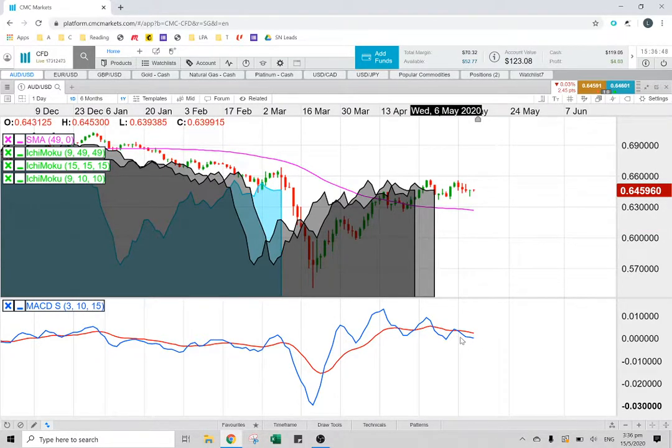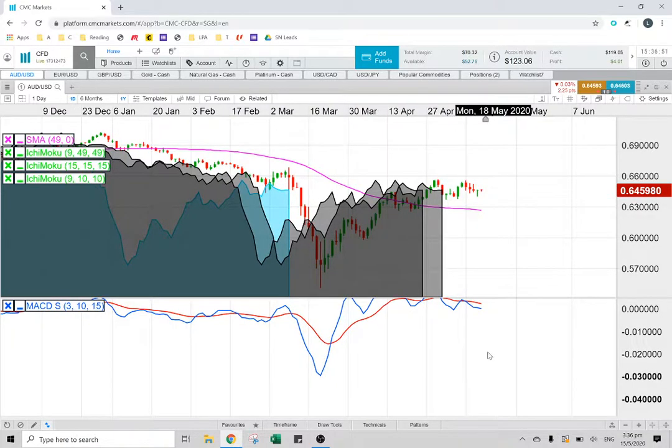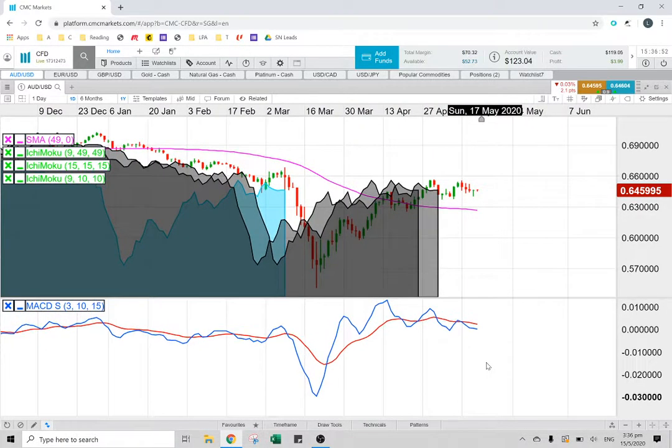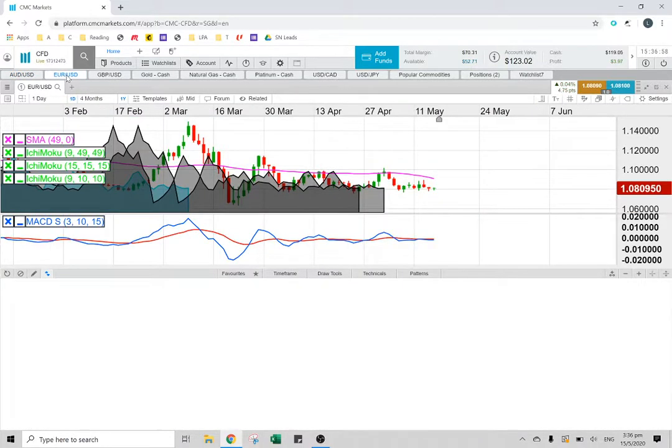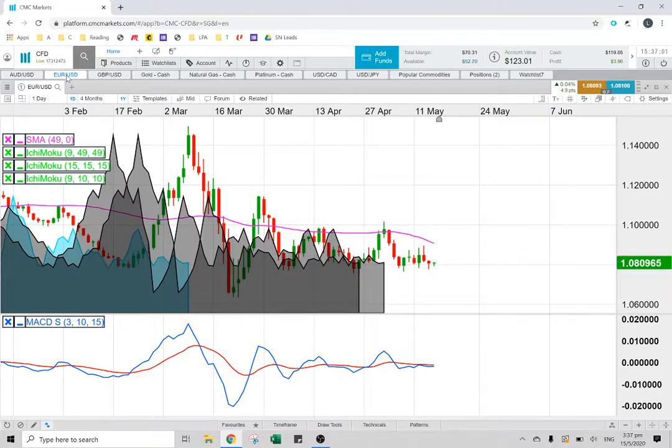As of now, nothing much yet, so we have to give it about 1-2 weeks. So yep, that's it for Aussie dollar. Let me just write it down in my notes.